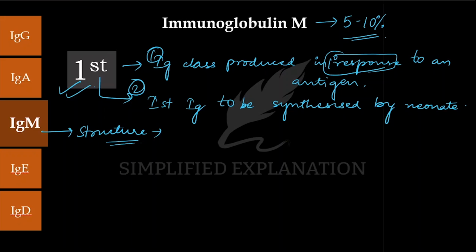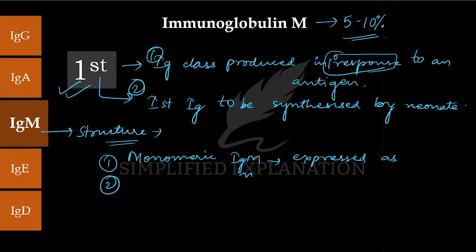Again, there are two types of structure of IgM. Monomeric IgM is expressed as membrane bound antibody on the B cell receptor.